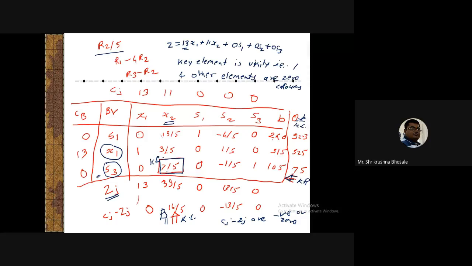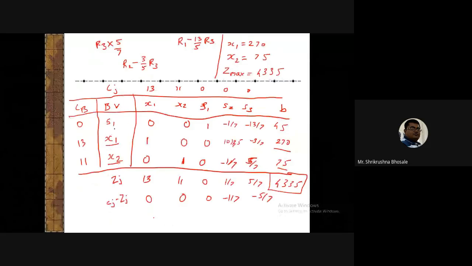And other elements should become 0. So the same operation I have carried out here. X1 was previously replaced. Now X2 is replaced with S3, and that 7 by 5 becomes 1 by this operation, R3 into 5 by 7.